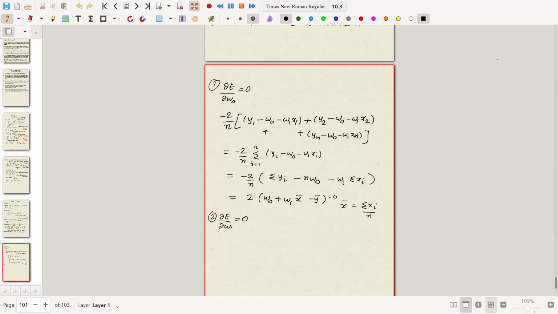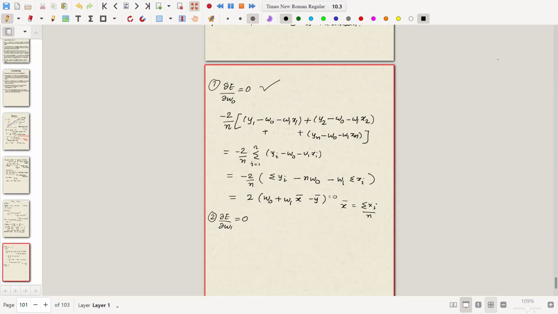What will you get here? Clear, right? This thing is clear. So dou E by dou W1 equals 0. Can you check the expression now?